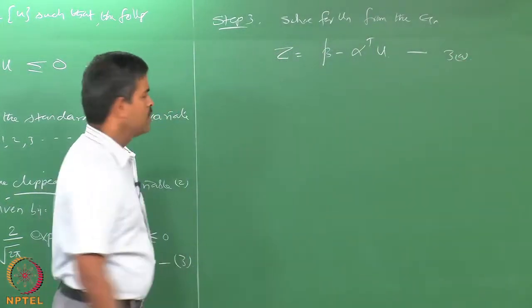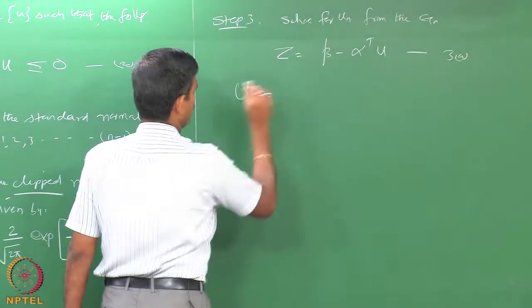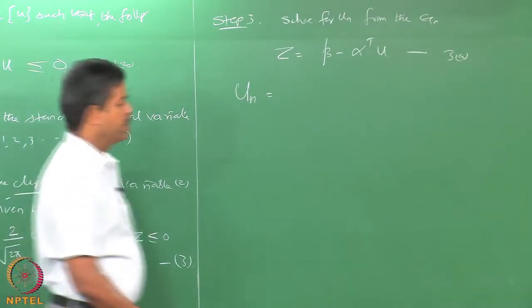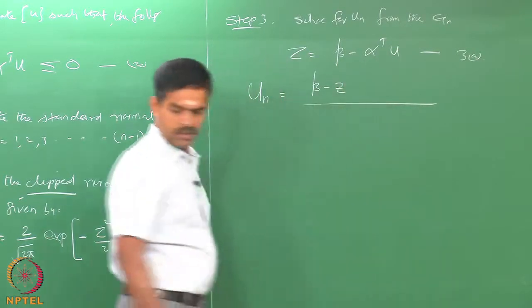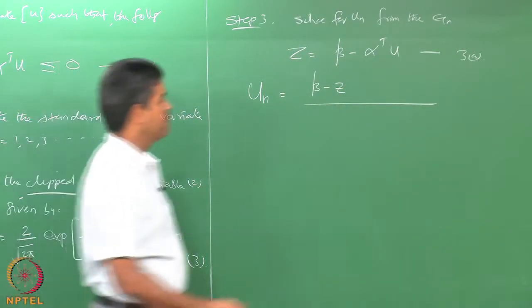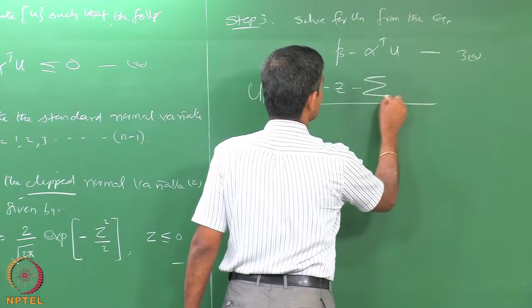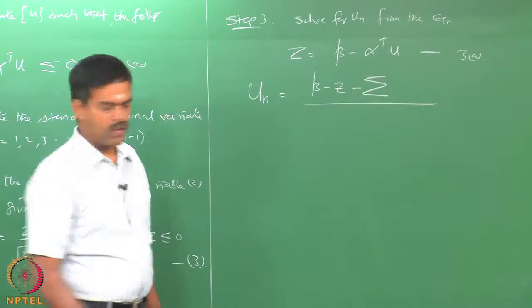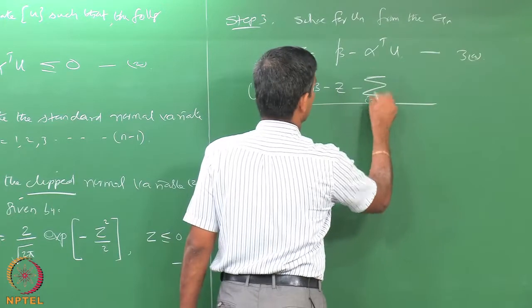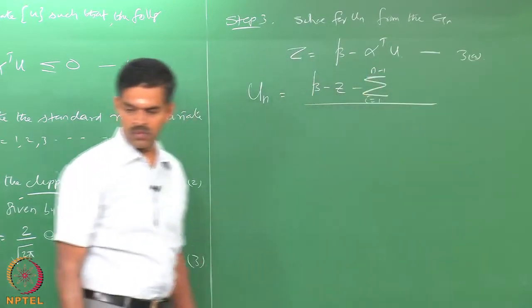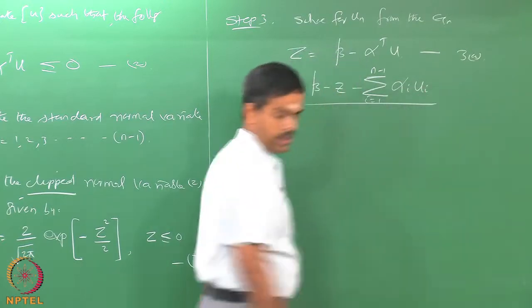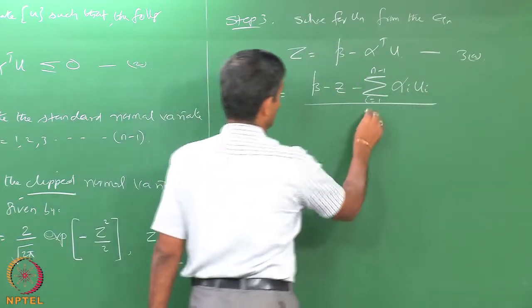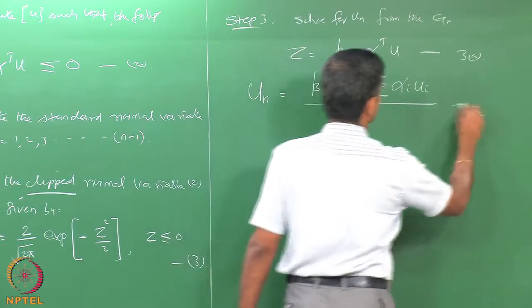On the other hand, un will be given by beta minus z minus summation i equals 1 to n minus 1 of alpha i ui, divided by alpha n. Equation number 4.